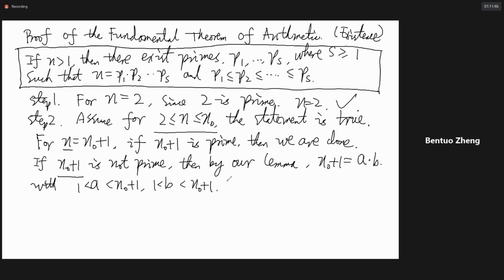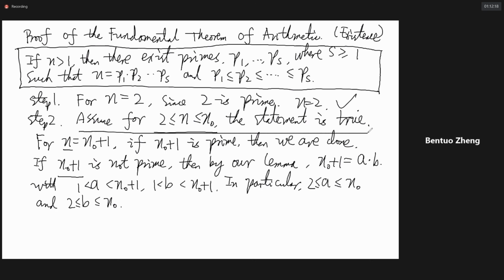So in particular, this means A is between 2 and n0, and B is between 2 and n0. Okay, now we can use our assumption here. Our assumption is that for all the numbers between 2 and n0, you always have a prime factorization.